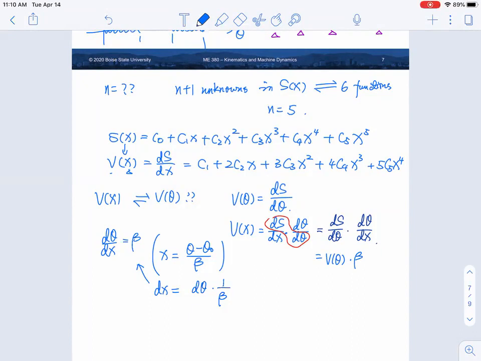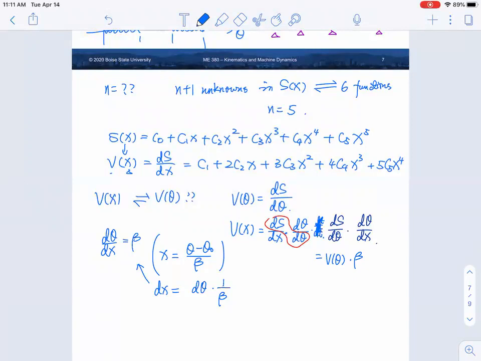Because the polynomial is defined in X domain, and all the boundary conditions are given in theta domain, that's why you need that additional step to connect these two domains. If you go to lecture 20 for the CPM design, all the boundary conditions are given in time domain, so that transformation is even more complicated. You actually need to multiply another dt over dt to get the relationship.